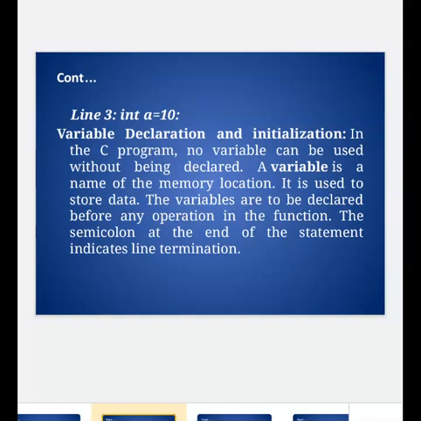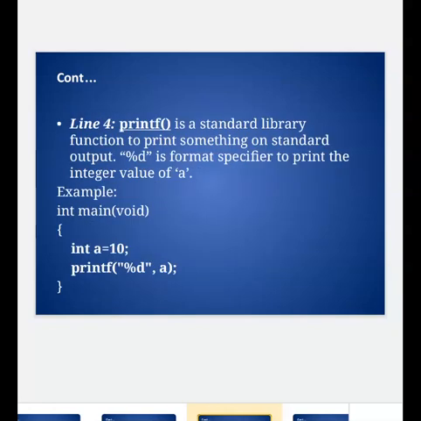A variable is the name of a memory location which holds the value assigned to it. It is used to store the data value. The variables are to be declared before any operation in the function. A semicolon at the end of the statement indicates the line termination.